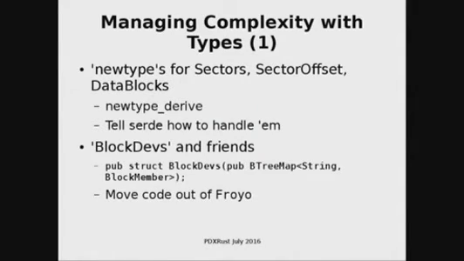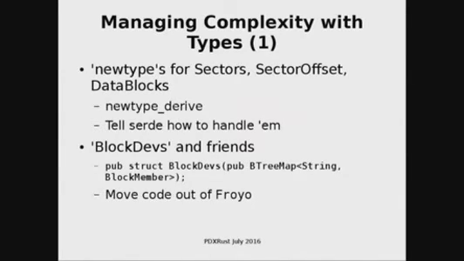So next I'd like to talk about a couple of the different ways that Froyo leverages the Rust type system to reduce bugs, improve development, that sort of thing. The first thing is that, as you probably can tell, a lot of Froyo is ranges on disks and ranges on top of block devices.